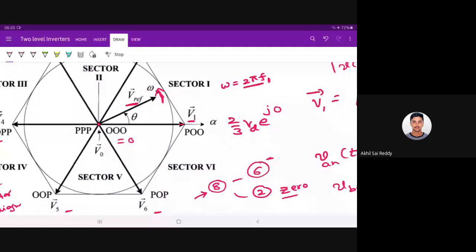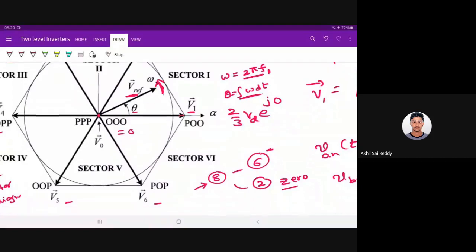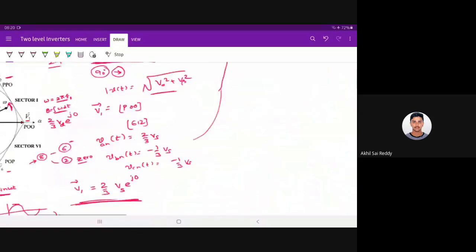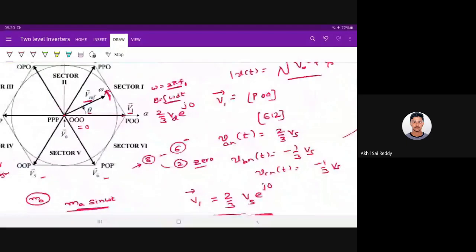Here the angular displacement is theta, which is the integration of omega dt. Clear? When this V reference vector completes one cycle, or 360 degrees, that is equivalent to one cycle of the modulating signal.